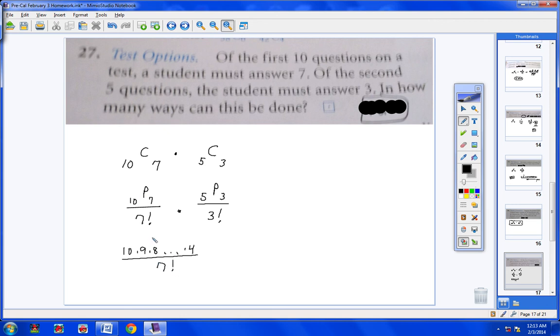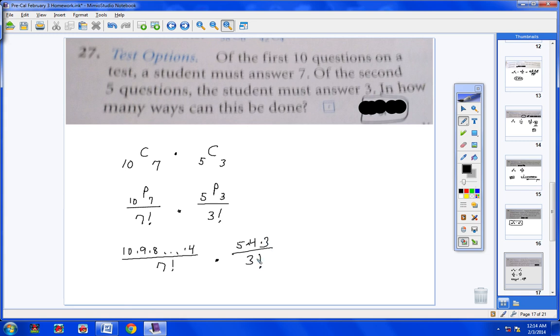Okay, all of this right here goes to this first fraction right here. Okay, and then times, now the numerator right here, we would have 3 blanks, and we start with 5, so we would have 5 times 4 times 3 over 3 factorial.